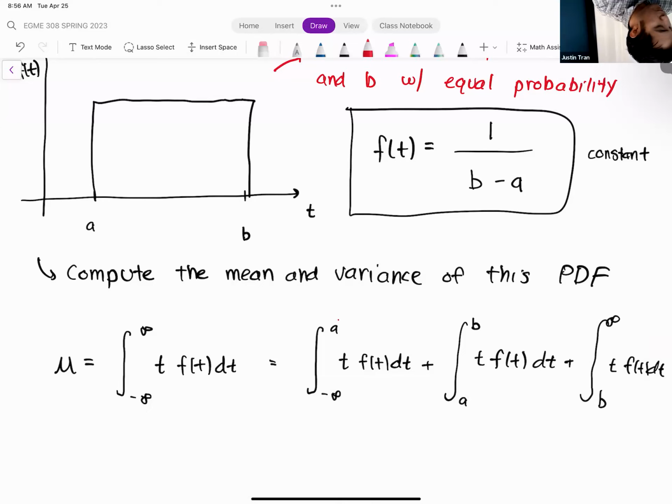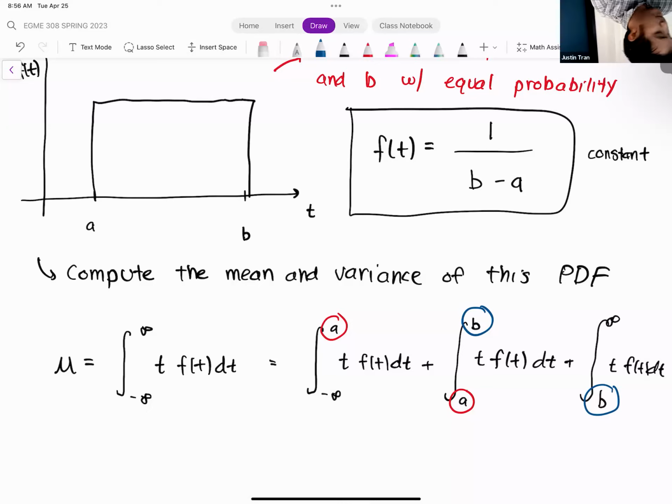This first integral goes from minus infinity to A. The second integral starts at A and ends at B, and the third integral starts at B. So you can always break up integrals like this, as long as the integrals start and end at the same places.